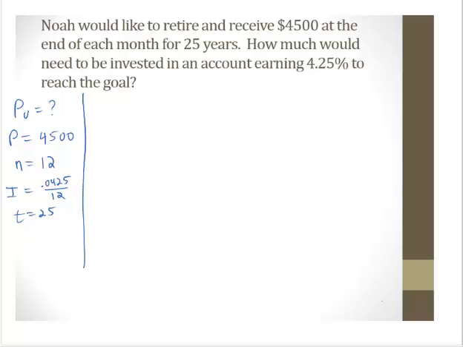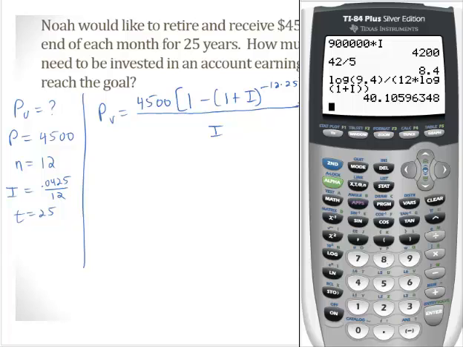So then the present value would be P, which is $4,500, by 1 minus 1 plus I to the negative N is 12, T is 25, all over I. Now on the calculator, I have to set in my new I value.